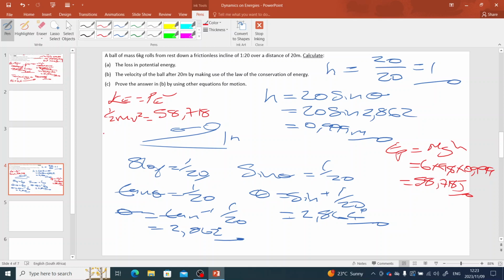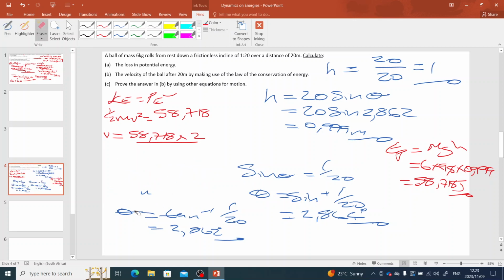We want the v. That means v equals the square root of 58.718 multiplied by 2 divided by mass, divided by 6, all square root.